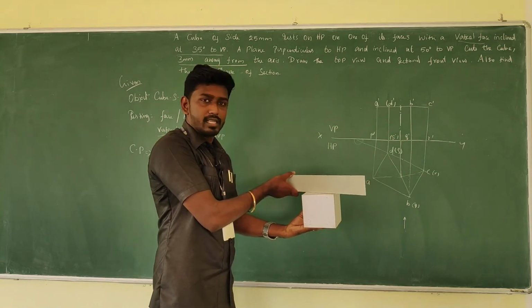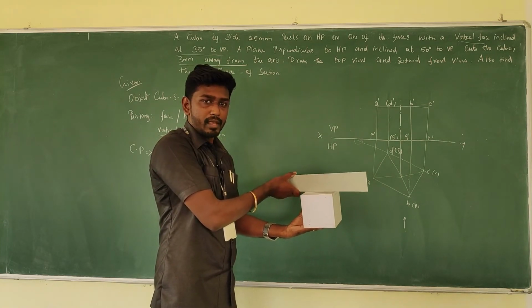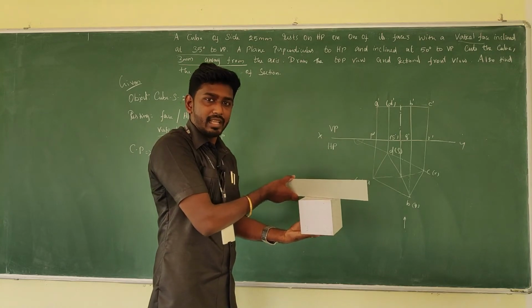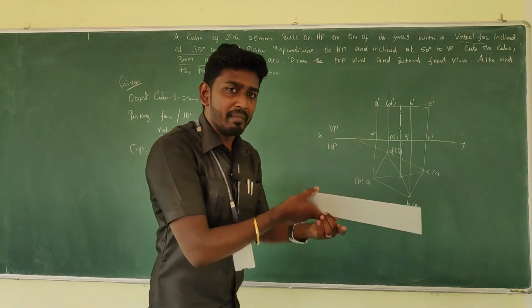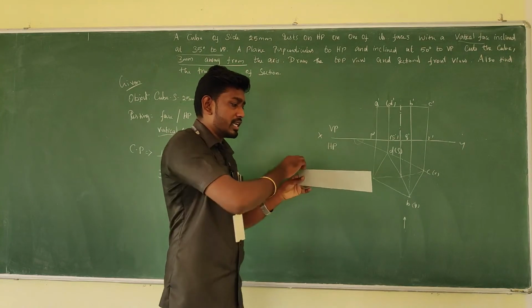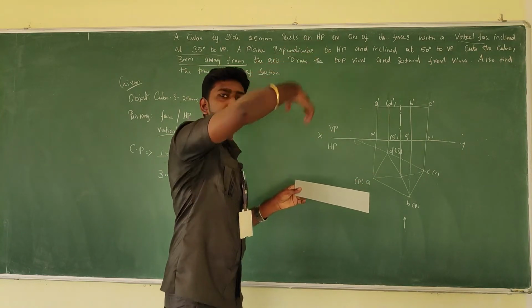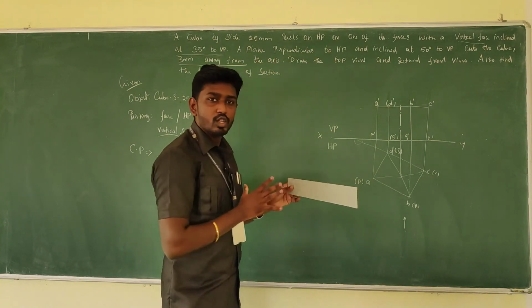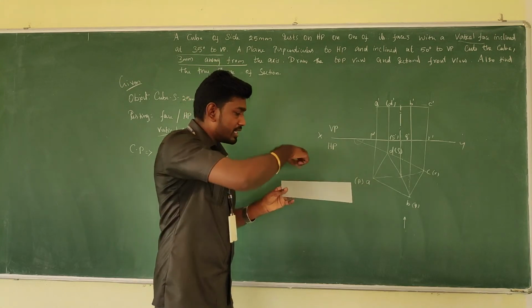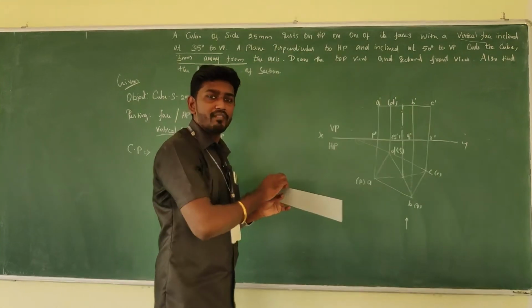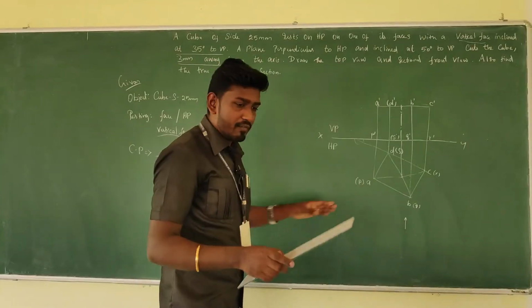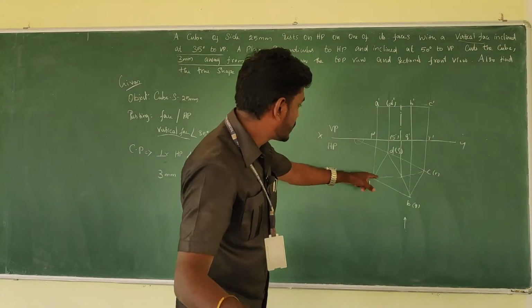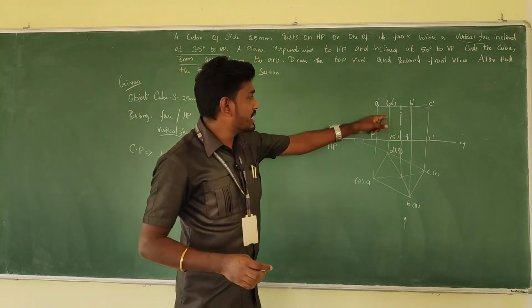So this is how we need to cut it. When you have a cut in this position, the cut will be obtained in the projection from the top view. There only we get the true length of the plane as well as the inclination. So from the top view, we get the trace. So we need to specify the cut in the top view, not in the front view.